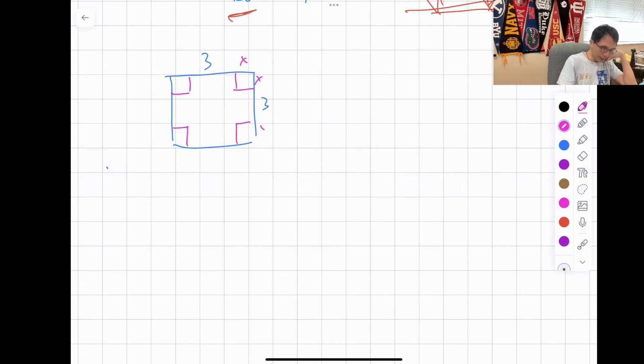So this is on the test. Because you cut off here, then if you fold it upwards, it's going to give you the volume. So volume is equal to X, which becomes the height, right? Is that okay? The width is going to be 3 minus 2x, and then 3 minus 2x.